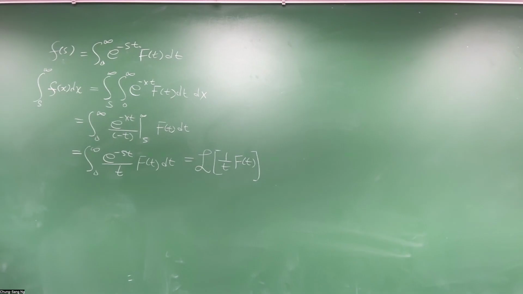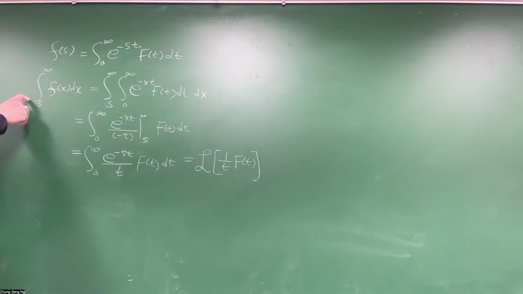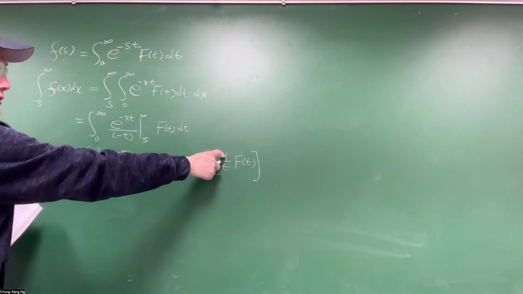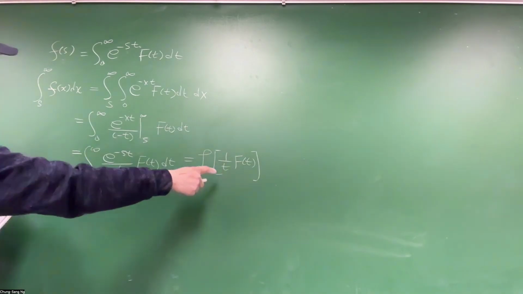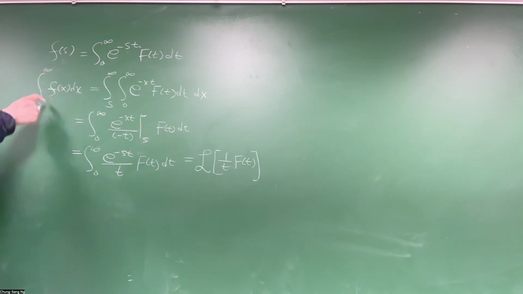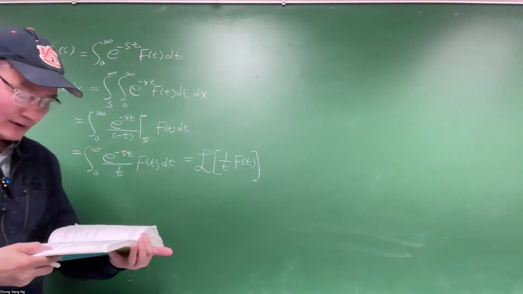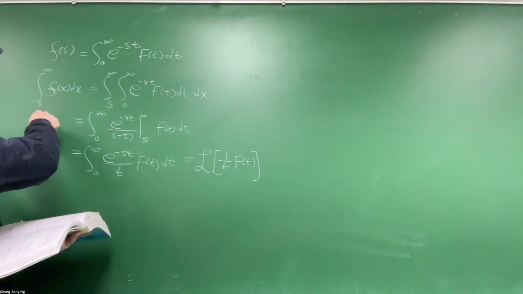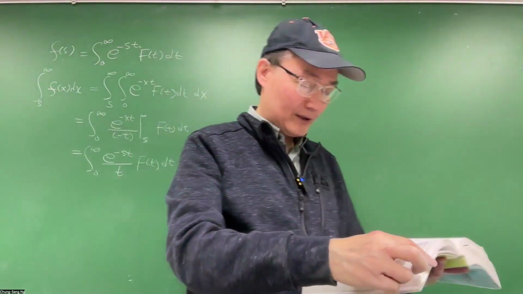This is similar to the derivative case, where we multiply by minus t. Here, taking the integration is dividing by t, now without the minus sign. That property is defined this way because s is in the lower limit. If s is not in the lower limit but in the upper limit, then you change to the negative sign.